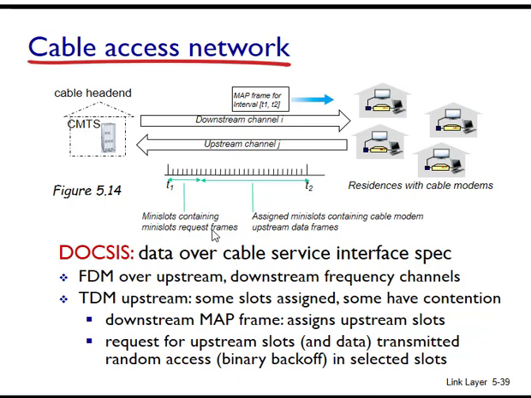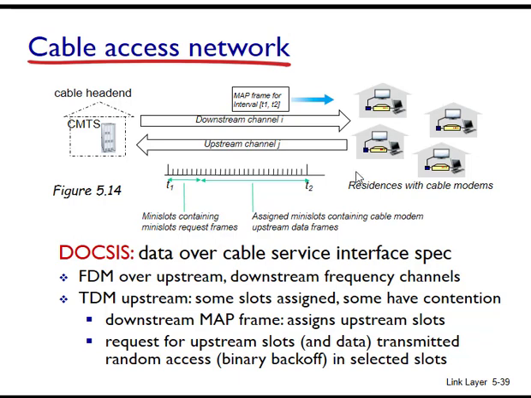But how does the cable modem termination system know which cable modems have data to send in the first place? This is accomplished by having cable modems send mini-slot request frames to the cable modem termination system during a special set of interval mini-slots that are dedicated for this purpose, as shown in Figure 5.14.